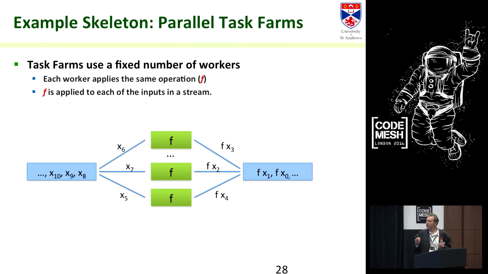So let me show you a couple of implementations of those patterns. First one is how you implement a parallel task farm. Well, what we do is we've got a fixed number of workers all doing the same thing. We've got items, tasks coming in, and we split them up amongst the workers in some way. Each of these does its own thing, and at the end, out comes the stream of results where the worker has been applied to each of the incoming elements.